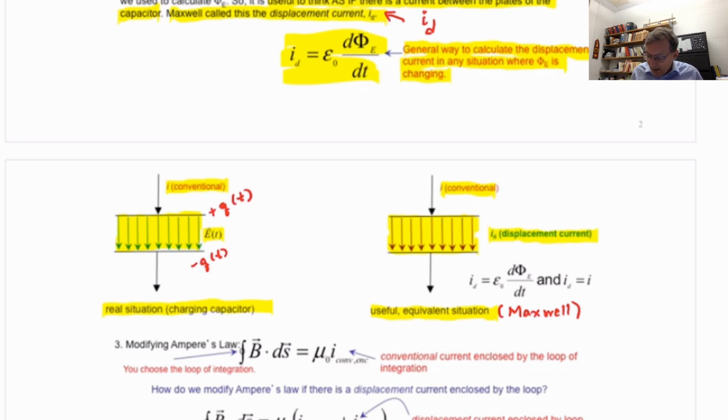The way to calculate that displacement current in that region between the plates is to take epsilon 0 times d phi e dt. And when you account for all the displacement current between the plates, you will discover that the displacement current between the plates, ID, is equal to the conventional current, I, in the wires that are carrying the charge that's charging the capacitor.